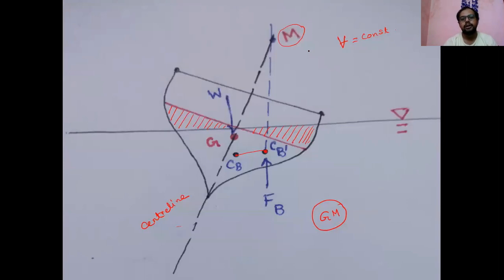So here, this distance GM is the metacentric height. GM is greater than 0 because M is above G. If M is below G, it is less than 0. This way, the concept is complete.